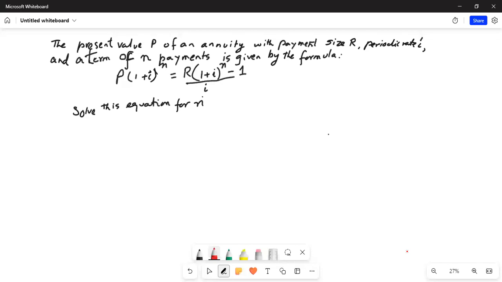The present value P of an annuity with payment size R, periodic rate I, and a term of n payments is given by the formula P times (1 plus I) to the power of n is equal to R times ((1 plus I) to the power of n minus 1) divided by I. And the question is: solve this equation for n. So, solution.